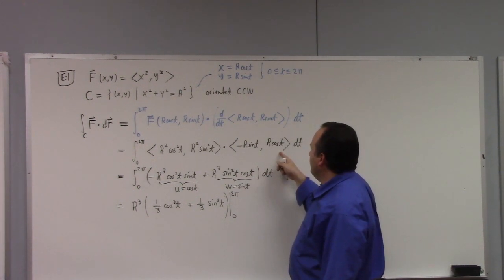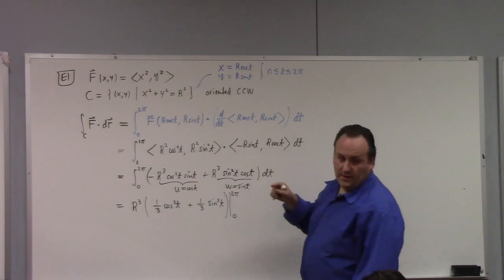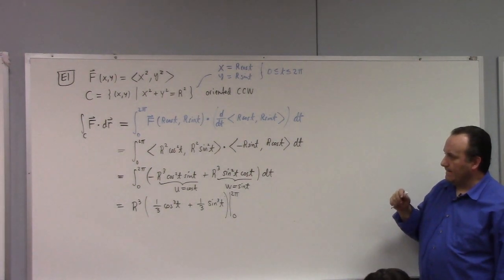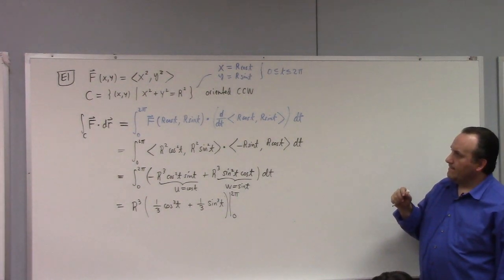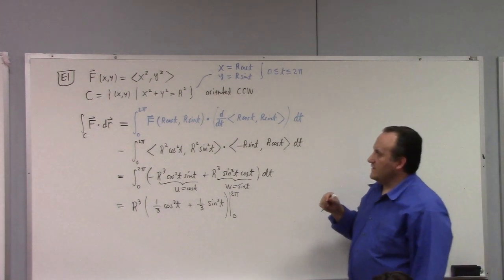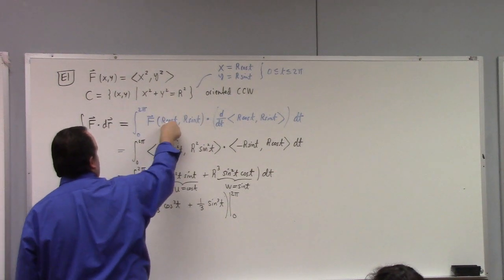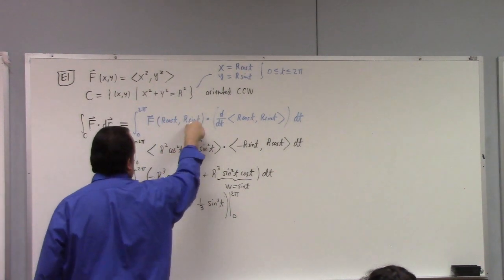Yes. Well, I don't understand why you have r squared cosine squared. Like, how did you get to the square? Oh, so that's because f of x comma y is x squared, y squared. So since x is our cosine t, I put it there, and that goes there.